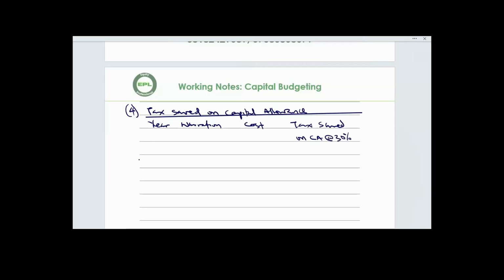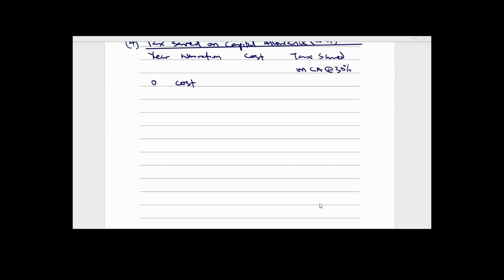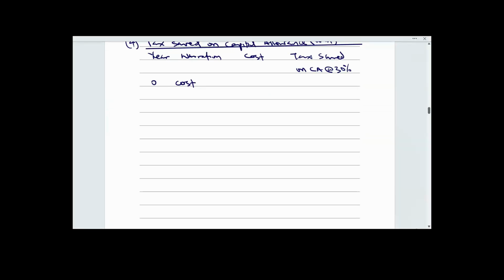Our figures are in million. Okay, you have to be consistent. So year 0, we have the costs. I will then go back to the question: what's the cost of this equipment? I think we are told it's 120 million. Yes, the production equipment for the new device will cost 120 million naira. Here is 120 million.